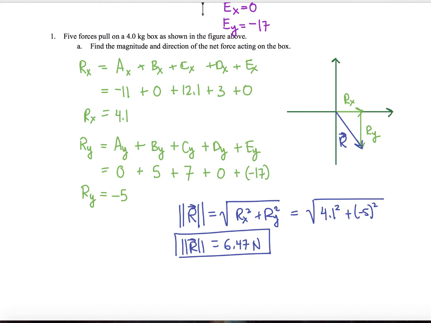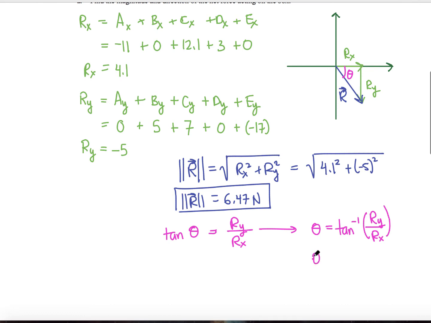Now we can go in and find the angle. This is my triangle, so I'm going to find this angle right here. This angle is going to come from using the tangent, since I know Rx and Ry. The tangent is the opposite side over the adjacent, so that'll be Ry over Rx. I'm going to rearrange this by using the arctangent, or the inverse tangent, of that ratio, Ry over Rx.